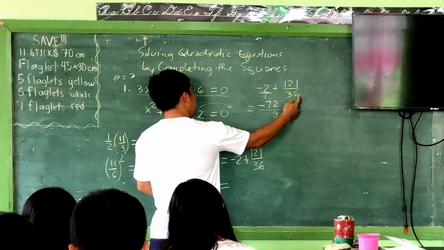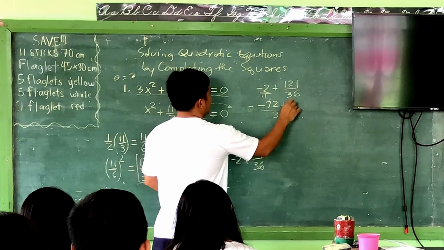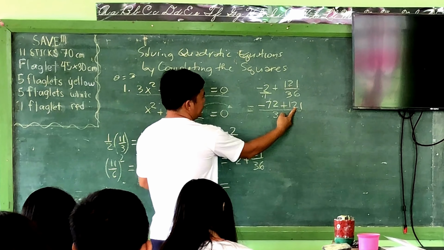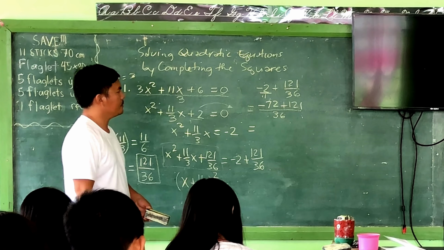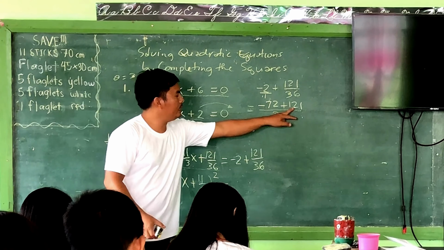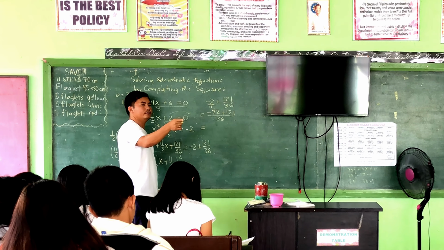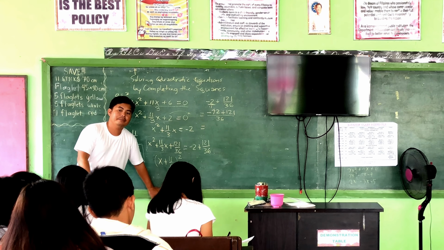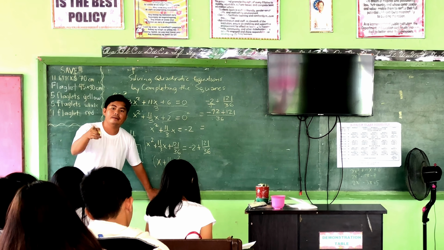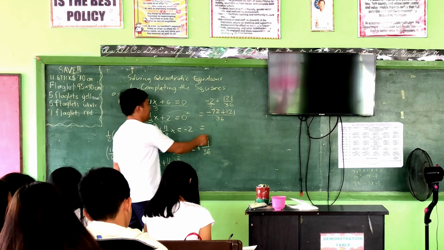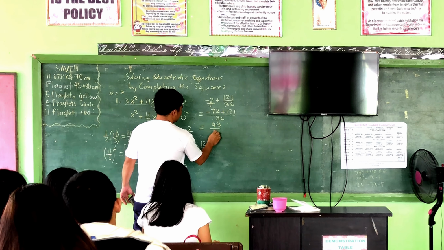Then 36 divided by 36 times 121 is 121. How much is 121 minus 72? 49.